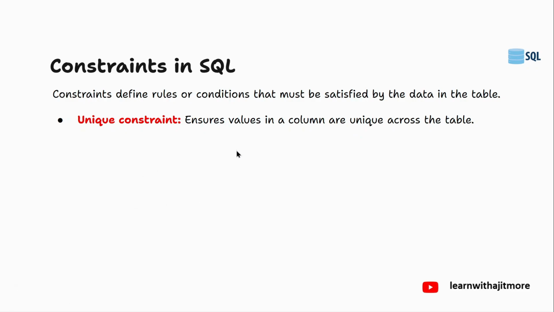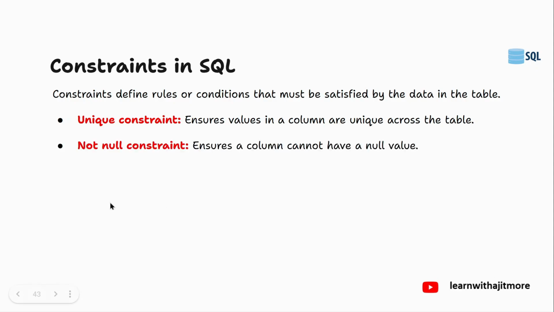But it can be left blank. Blank छोड़ सकते हो, but distinct होना चाहिए. तो example like employee ID. Sorry, not employee ID, I mean email. So email you can leave blank, but if you have given email, it cannot be duplicated.